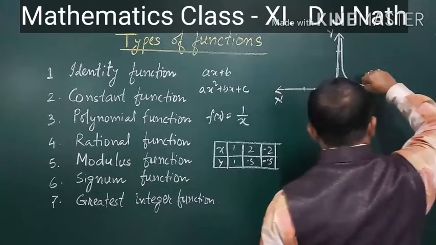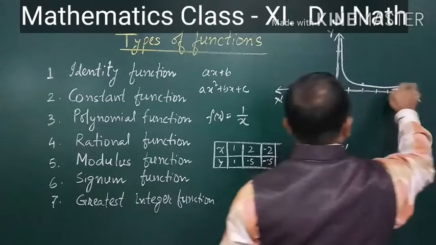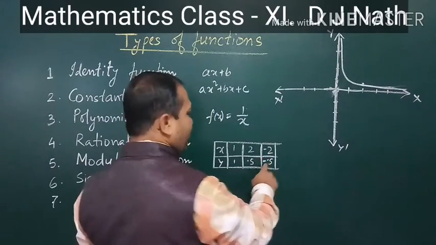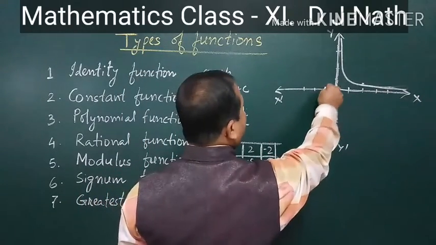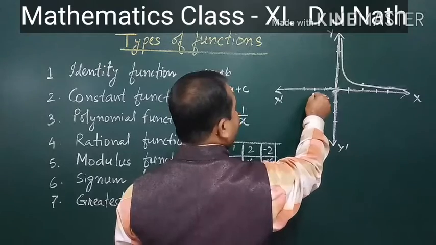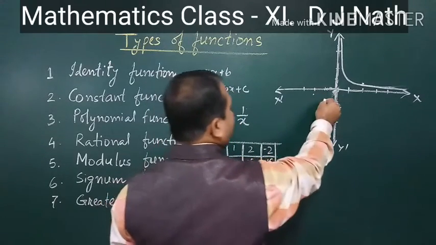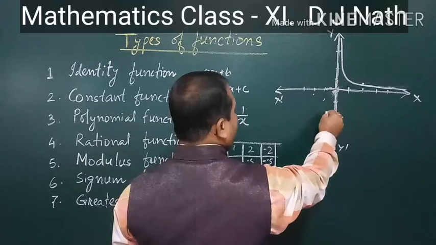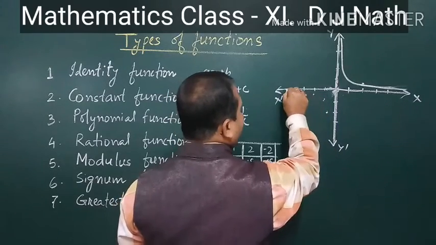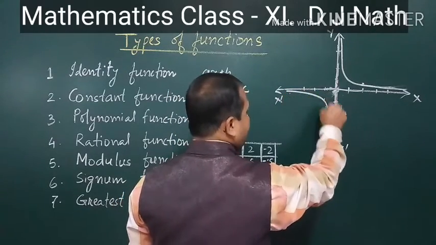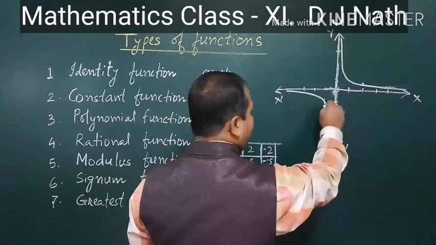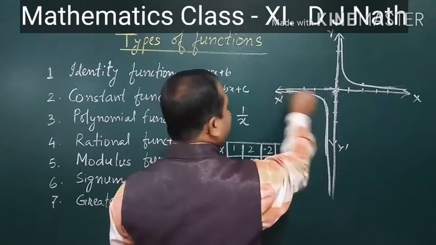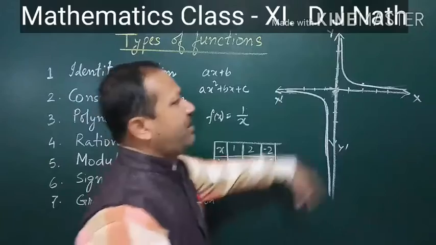One part is like that way. And on this side, minus 2, minus 0.5. Minus 1, then minus 1. If it is less than minus 1, it will be like that. So the graph will come this way. It will not touch 0, bending in this way and that way.